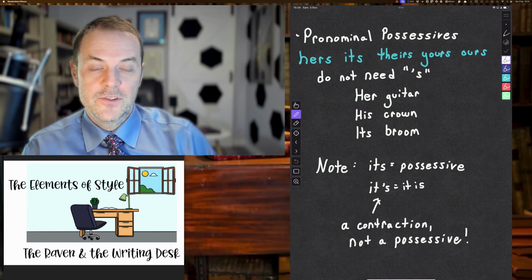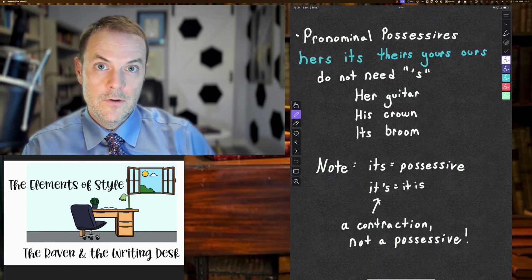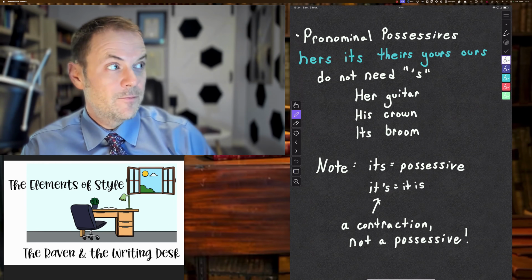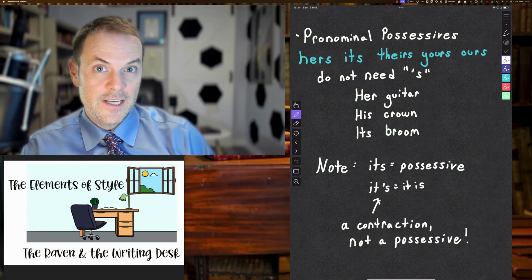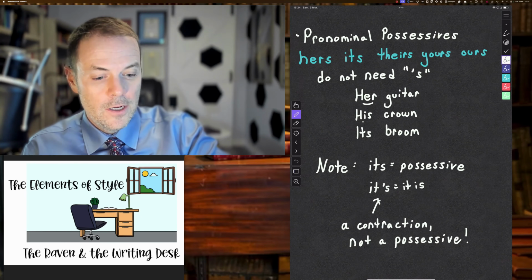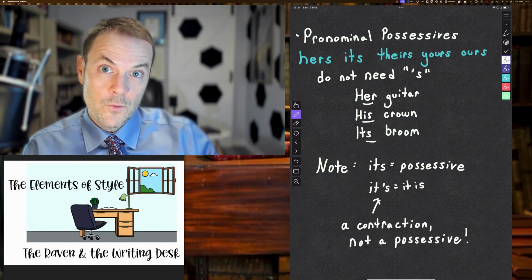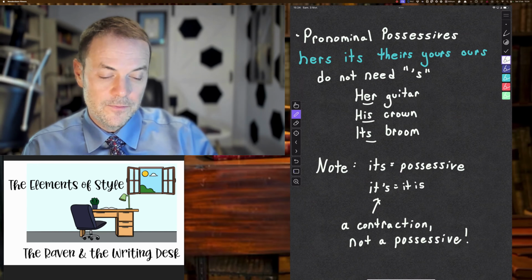Pronominal possessives. A pronoun is a word that replaces a noun, and as you can guess it, these particular pronominal possessives have that possessive quality built into them. So we can say her guitar, his crown, its broom. This last one is interesting because this trips up a lot of native English speakers.